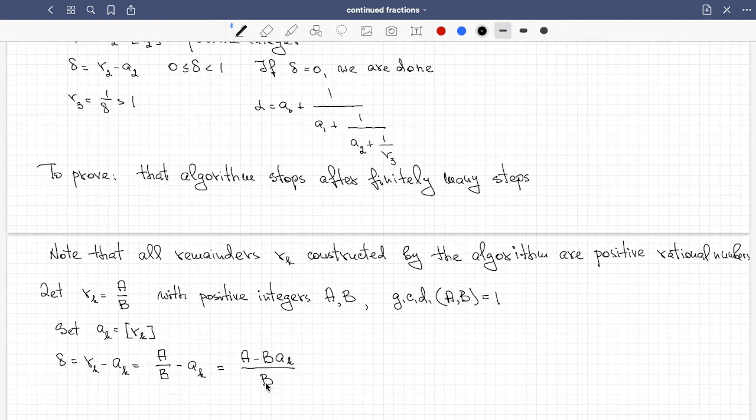And I want to write it c over b with positive integer c, a minus b a_k.